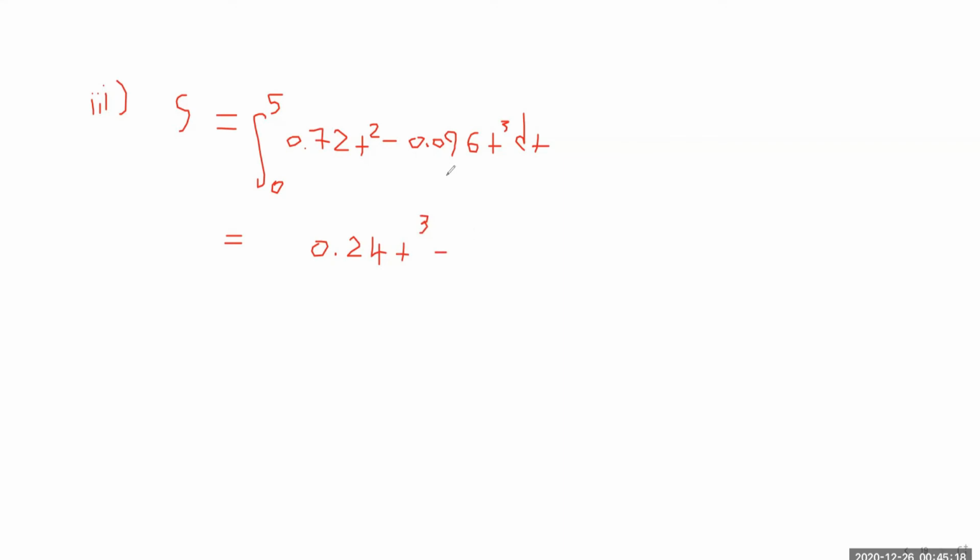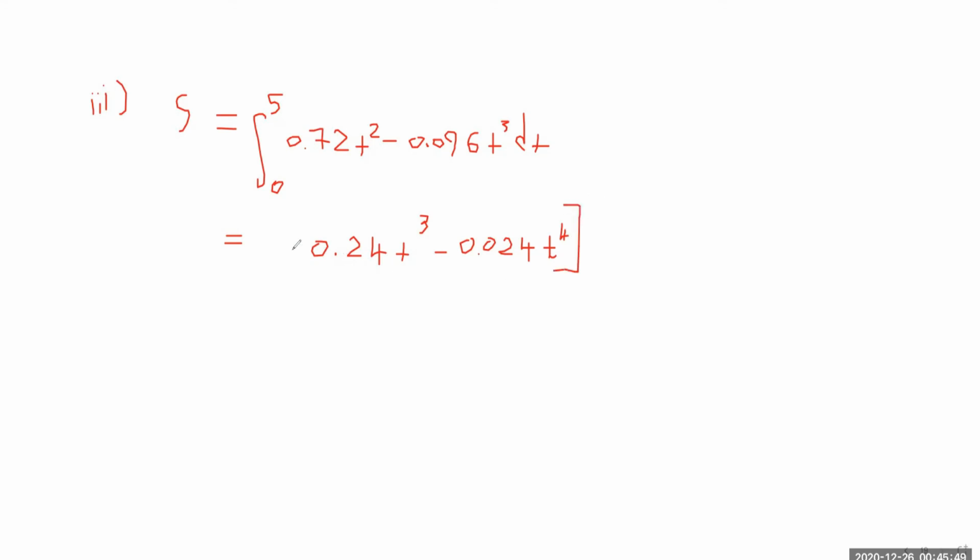Now 0.096 divided by 4 is 0.024, so 0.024 t to the 4.